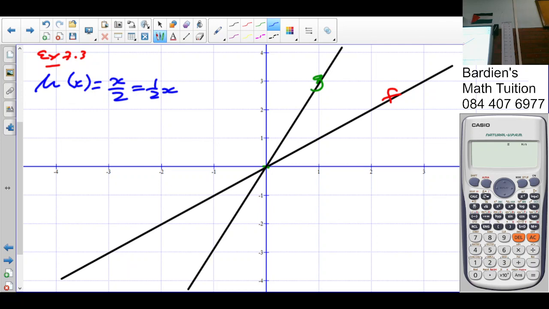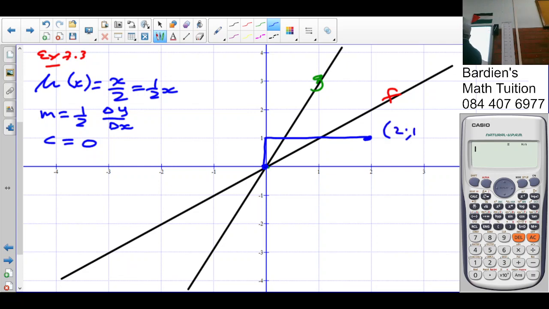So what's my gradient of this line? What's my c value? 0. So this is delta y over delta x, change in y over change in x. So the rise is 1 and the run is 2. Let's start at 0. So the y-intercept is 0. You rise by 1 and the change in x is 2. So it has to go to this point, 2 and 1. Okay?